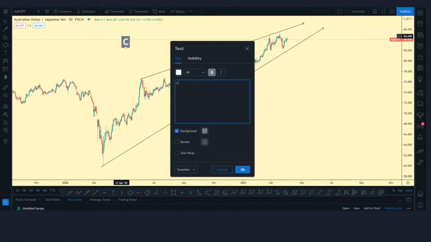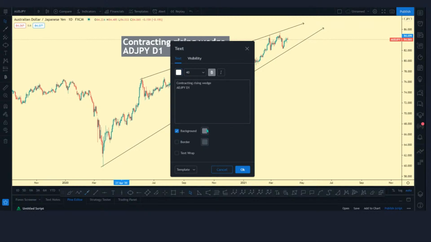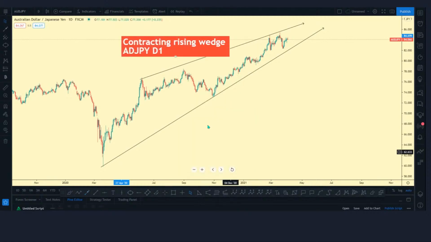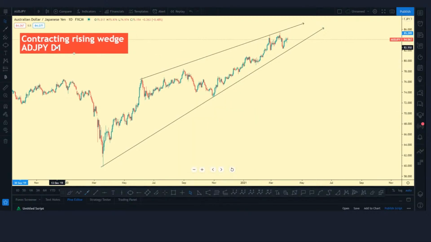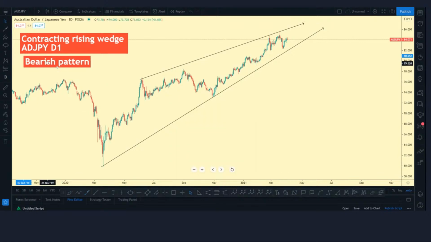I like contracting. I like to make things easy. Contracting. Rising wedge. And that's AUDJPY, Day one. And this is bearish by nature. This pattern is bearish. I guess if someone is new, is this a bearish pattern? This is a variable pattern.